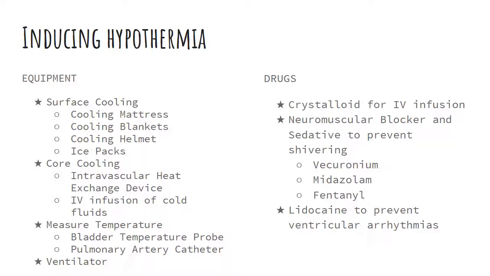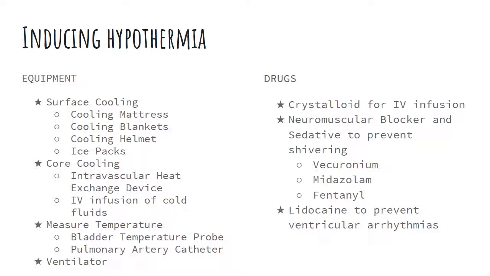So we talked about the therapeutic induction of hypothermia itself. We talked about the protocols and history. So we're going to talk about now some equipment and drugs that you're going to need because you're definitely going to need both to get this done to the fullest extent. As far as equipment, for surface cooling of your patient, you're either going to need a cooling mattress, cooling blankets, a cooling helmet, or ice packs.